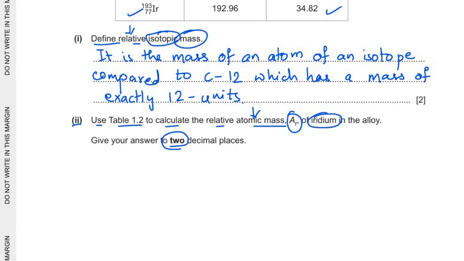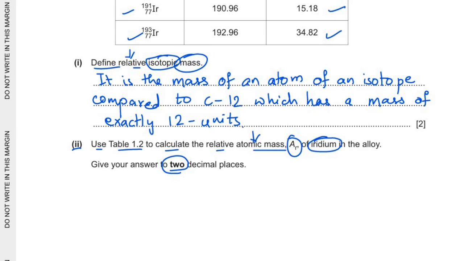Now we can see the first iridium isotopic mass is 190.96, which has to be multiplied by its abundance, 15.18. So multiply the mass with its abundance.